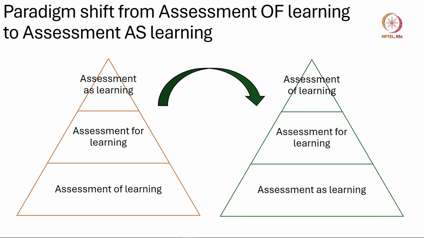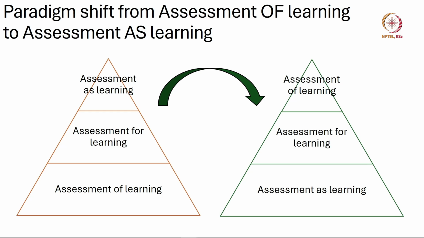I would also like to draw your attention to the current context. The pyramid on the left side of your screen, you would have observed that the base of the pyramid is assessment of learning, which is trying to depict that in the current context, the most amount of focus is on summative assessment, that is assessment of learning.